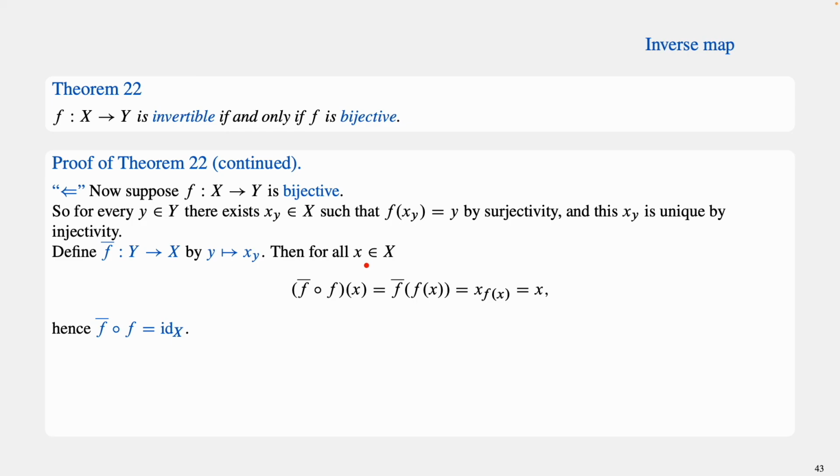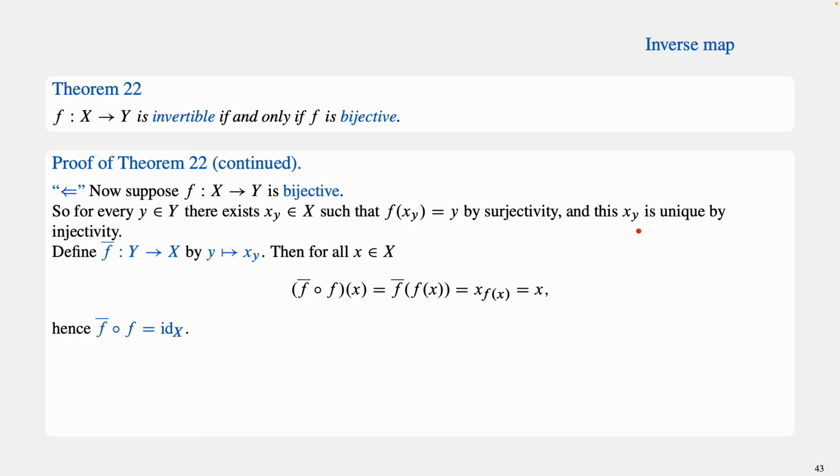So we look at f bar composed with f applied to any element x from the domain big X. By definition of the composition, this is just f bar applied to f of x. And by definition of f bar, this is just the element x index f of x.